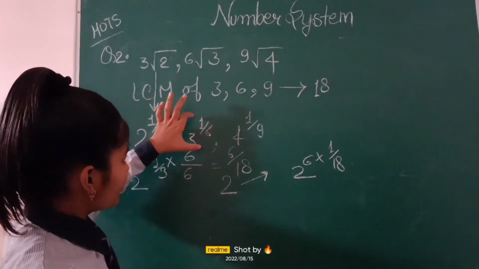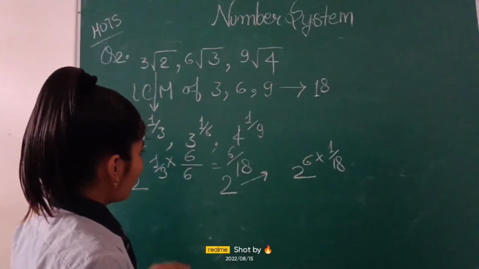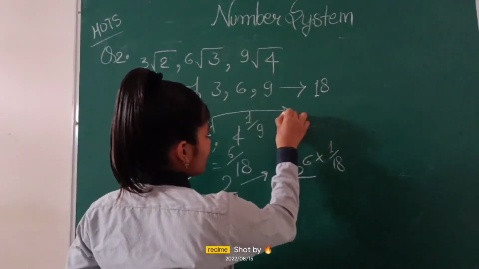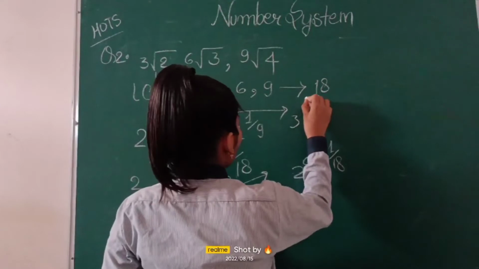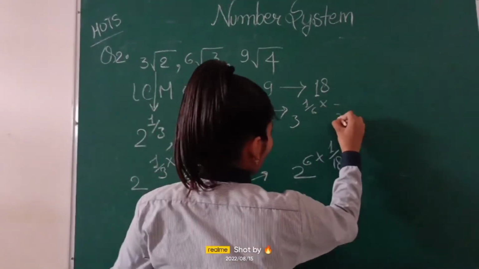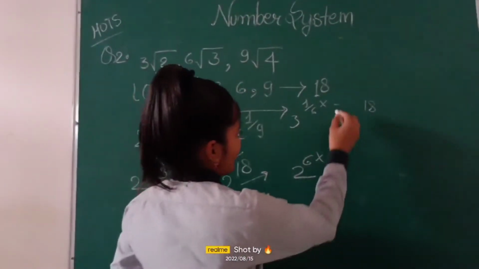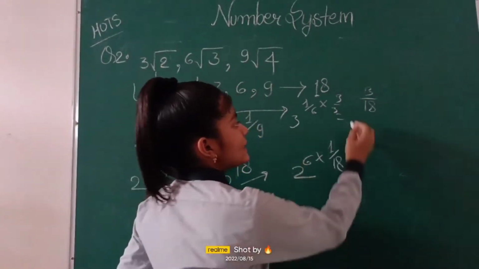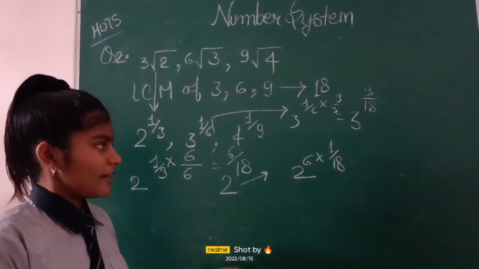So first take this number now. This number's denominator you have to make 18. I will solve here. So 3 raised to 1 by 6, multiplied by which number gives 18? 3 times, right? So I will multiply by 3. So we get 3 raised to the power 3 by 18. How can you write 3 raised to the power 3 by 18 in the same manner?